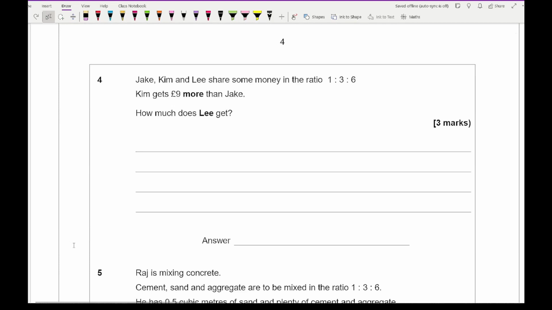Moving on to question 4, it says Jake, Kim and Lee share money in the ratio 1 to 3 to 6. Kim gets £9 more than Jake. How much does Lee get? So again, setting up my ratio, I've got J, K and L, and I've got 1 to 3 to 6. Now it says that Kim gets £9 more, so you can see that the difference here is 2 parts, and 2 parts represents £9.